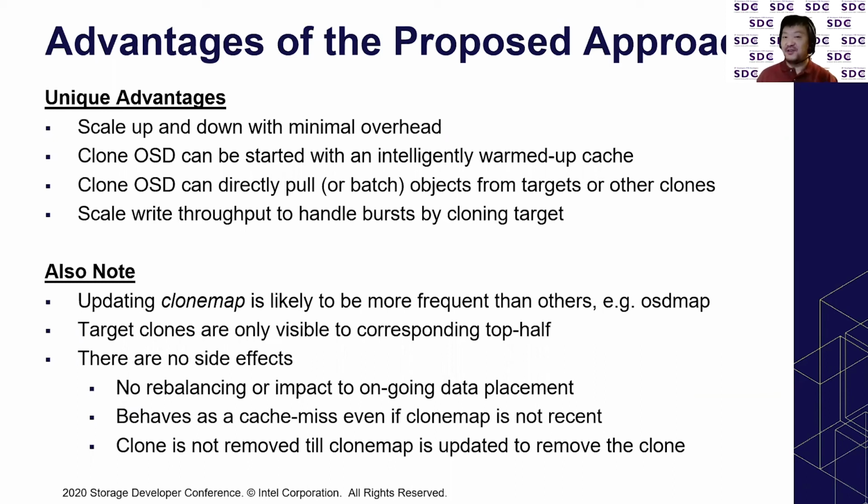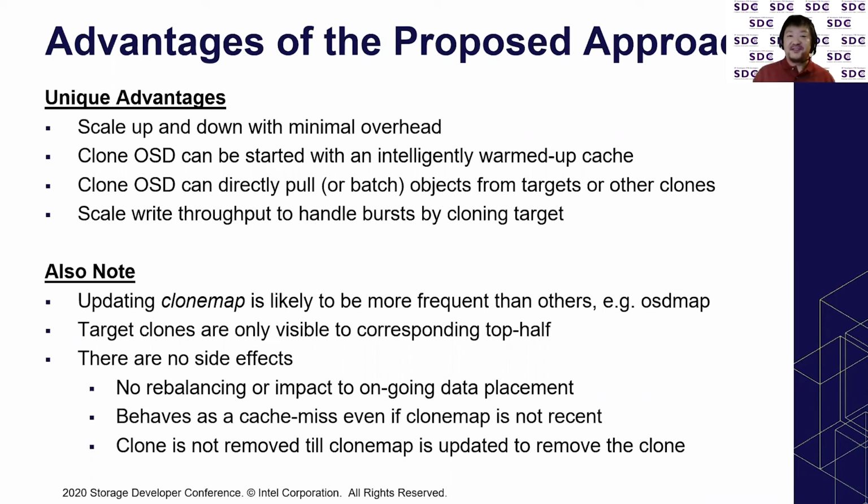This is particularly useful for the newly emerging FaaS-like pipelined microservices, which have become more and more important nowadays. Clone OSD can also directly pull batch objects from the targets or other clones. And you can see from the previous example, we do have that capability. The clone itself can talk to the backend targets.